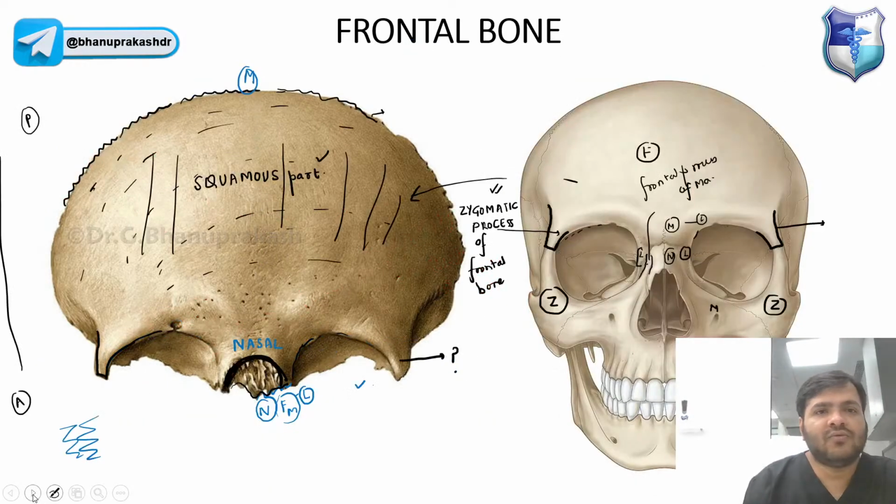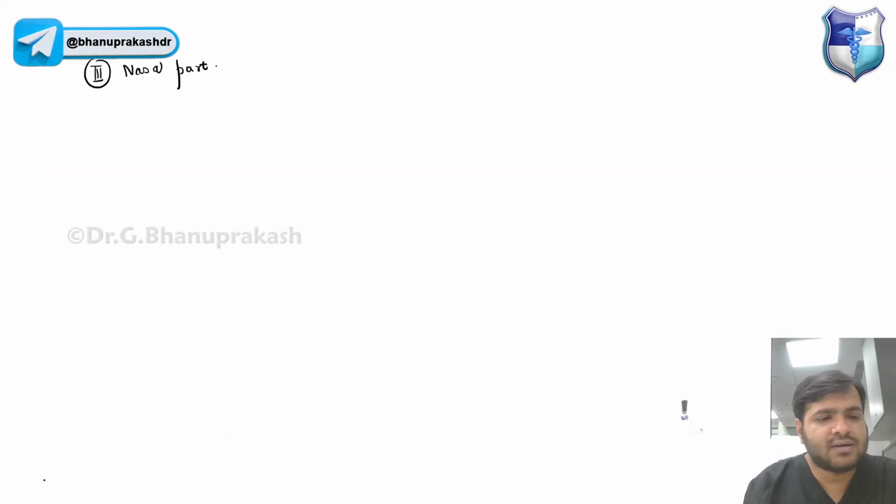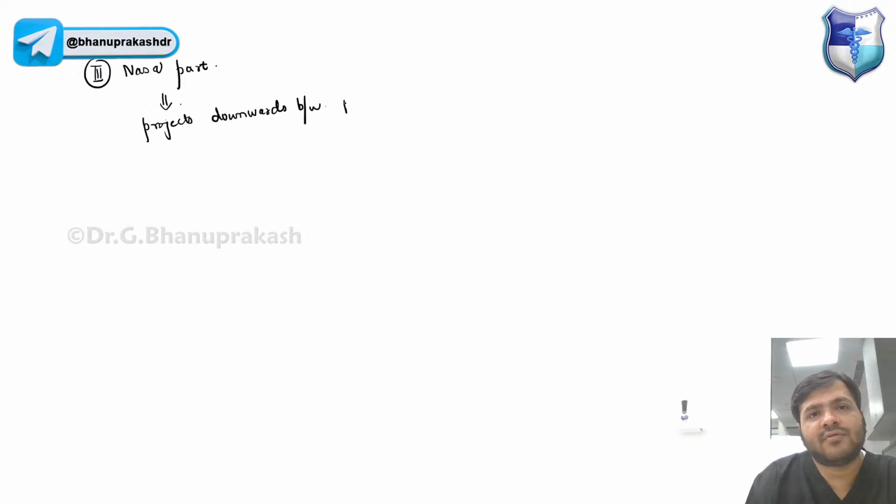So you just have to remember in the nasal part that it is the portion of the bone which projects downwards between the right and left supraorbital margins.